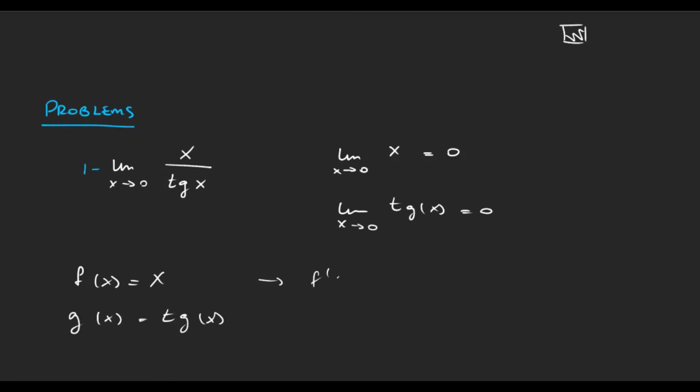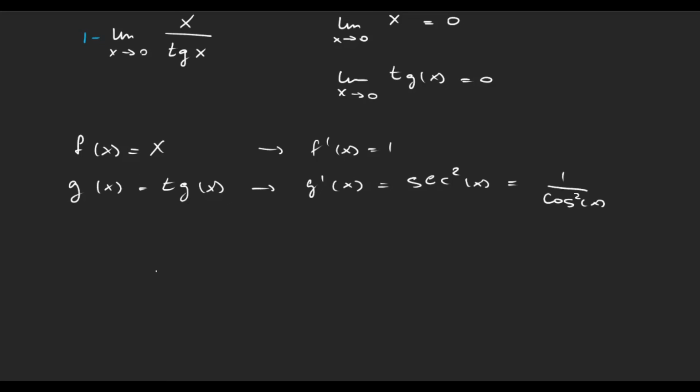Now f prime is just 1, and g prime is secant squared of x, which is equal to 1 over the cosine squared of x. So we evaluate the limit of f prime in x divided by g prime in x. This is the limit of 1 over secant squared of x, and this is just 1.